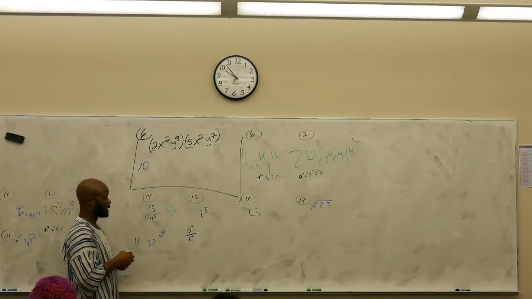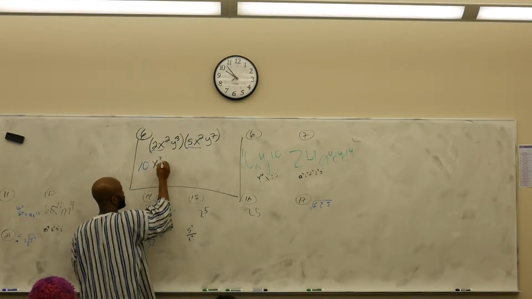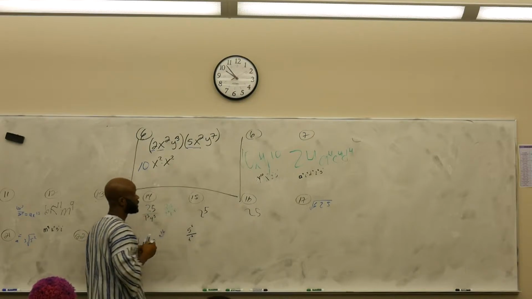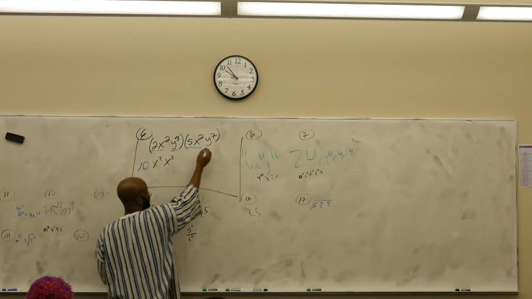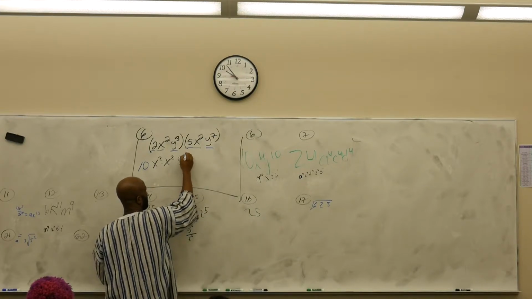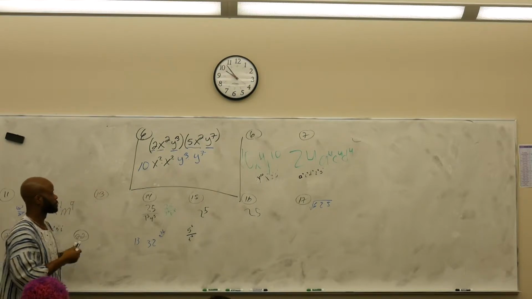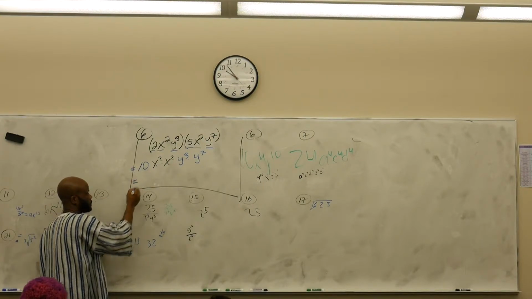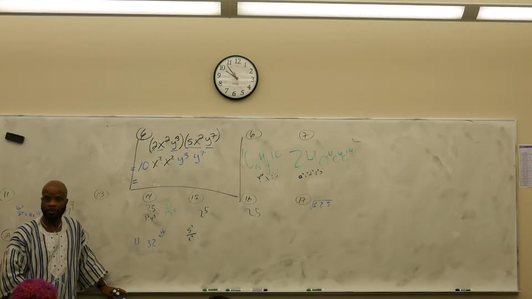And then we're just going to collect the x's. There's 2 of them. There's 2 of them. And then the y's. 3 and 7. What property do we apply now?